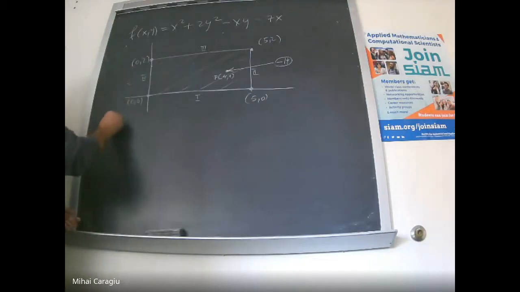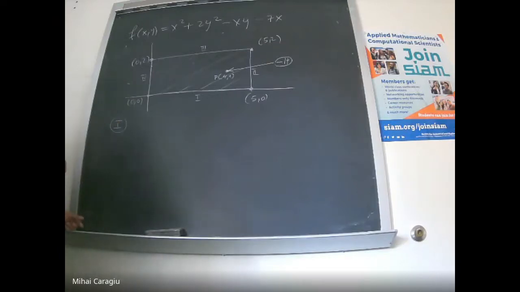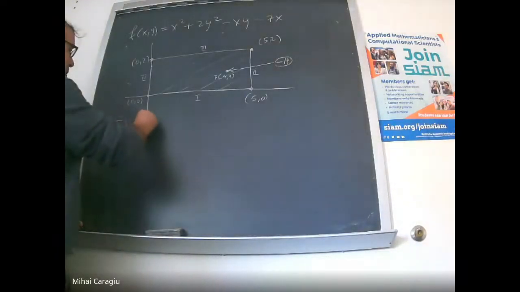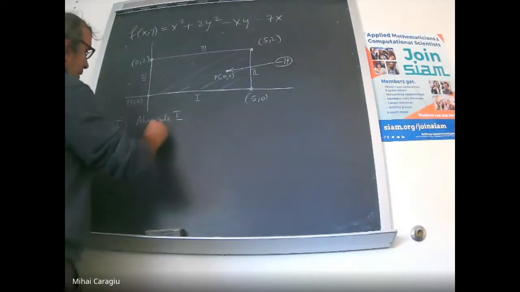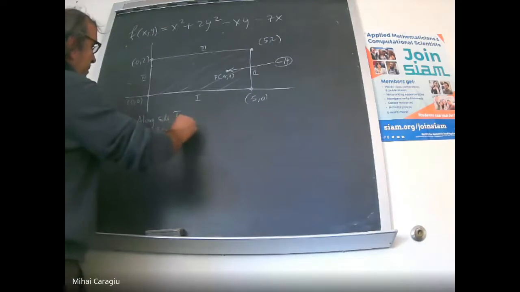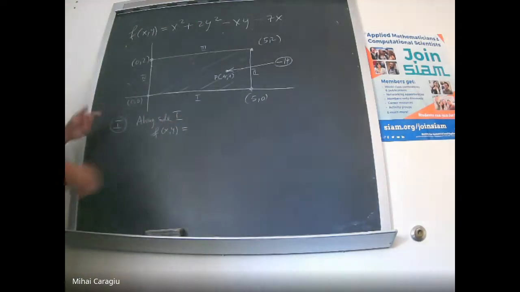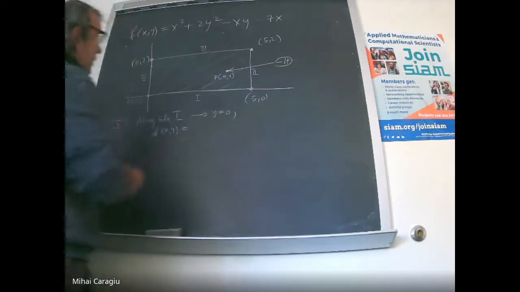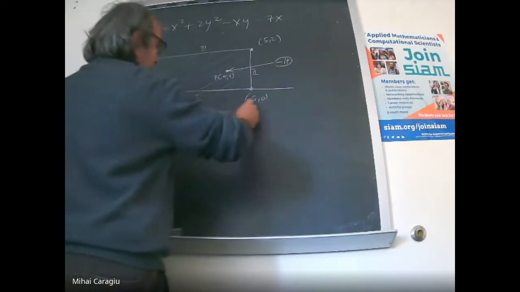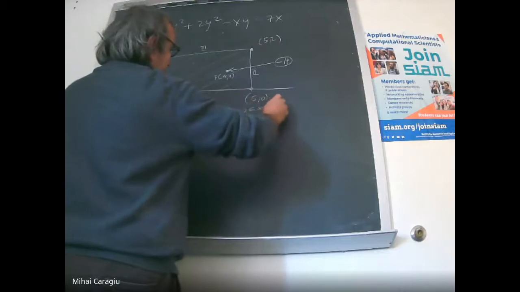So side 1, part 1. What's the function here along the side 1? Along the side 1, y equals 0, and x is between 0 and 5. So 0 less than x less than 5.